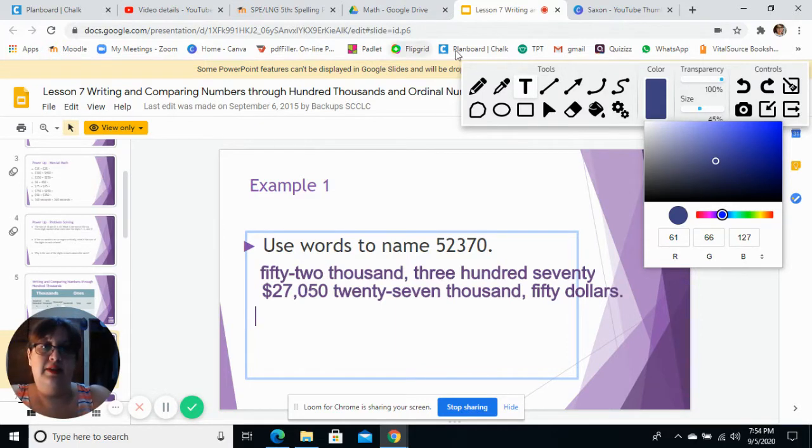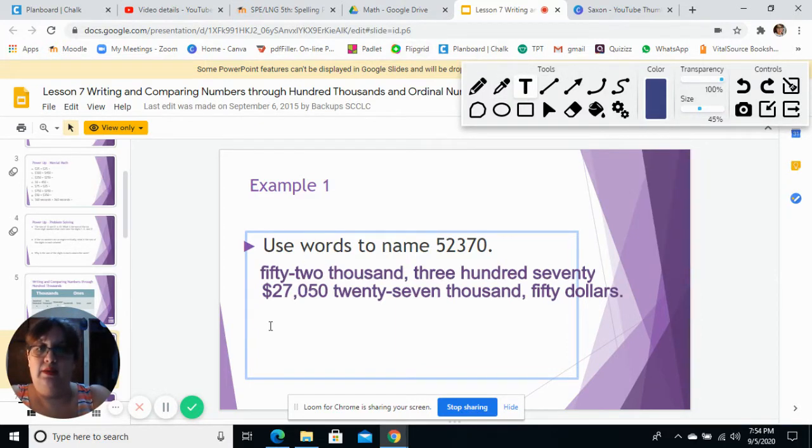Oh, it doesn't want to write again. Let's see. 125,000. Okay, how would we write that out? We do the same thing like we did before. 100.